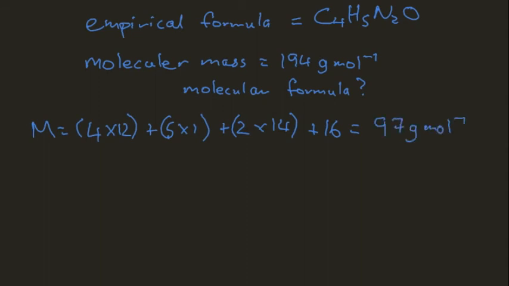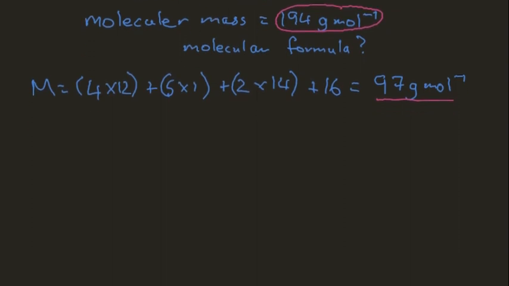So our empirical formula has this mass here, 97 grams per mole. But we want to know what the molecular formula is, which has 194 grams per mole. It works out to be quite easy because all we want to do is divide 194 by 97, and that's going to give us 2, which is nice and simple.